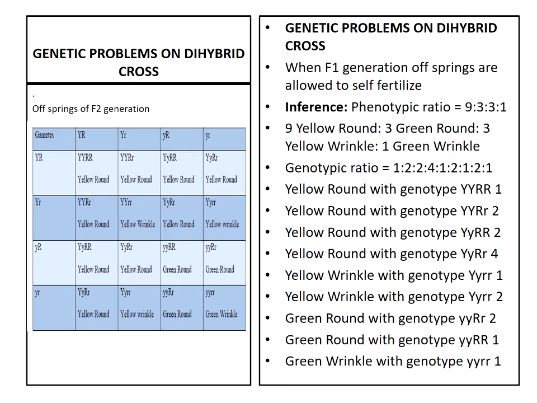So next is plotting these gametes in the checkerboard. So this is the checkerboard, and what we have to do is write the gametes in the checkerboard, and we have to write the cross between these gametes.